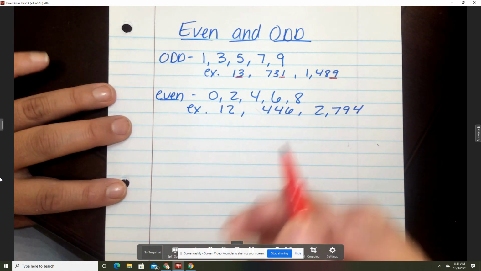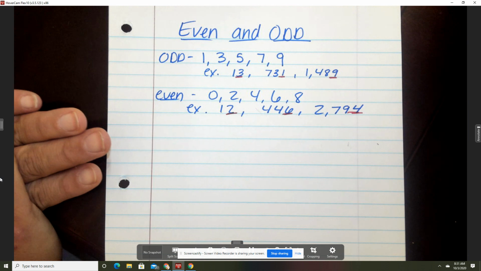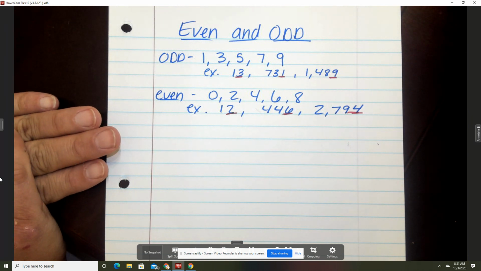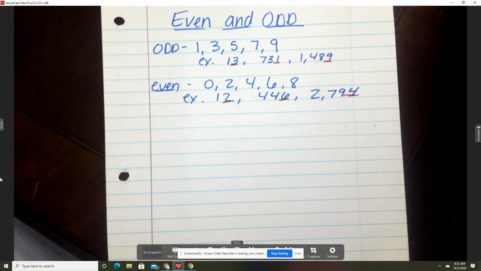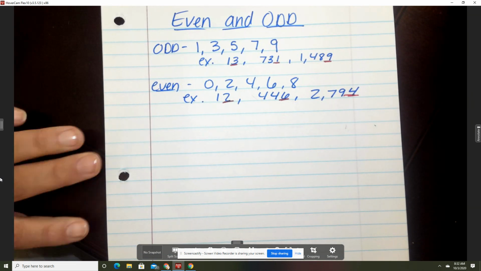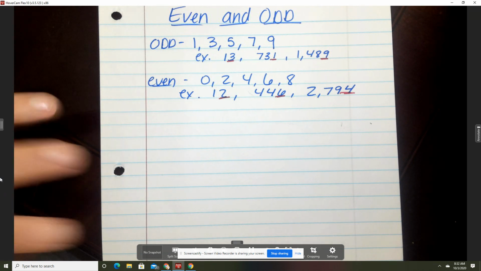Those numbers are considered even because they have an even number in the one spot. So even numbers have something odd numbers don't have. They have a partner.